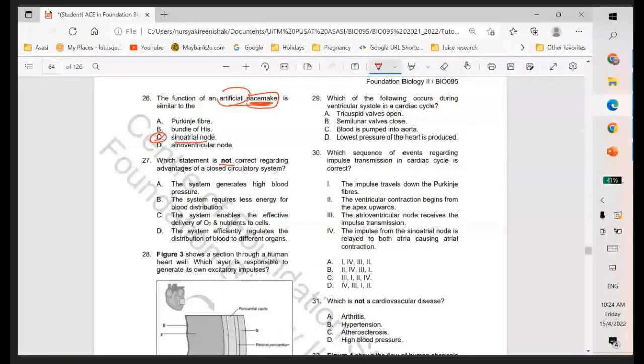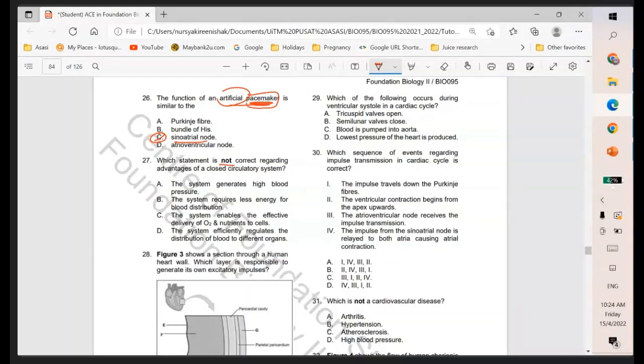It's because actually a closed circulatory system usually requires a lot more energy than an open circulatory system, because our body is more complex and it's more complex to deliver all the blood to the lungs and all the body cells. Okay.